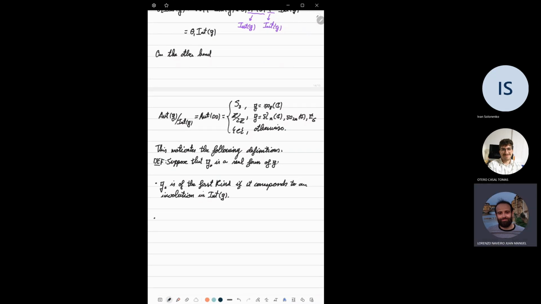Now, in the case that there are only two cosets for the inner automorphism group, so if the automorphism group of the Dynkin diagram is C2, we say that any real form that is not of the first kind is of the second kind.